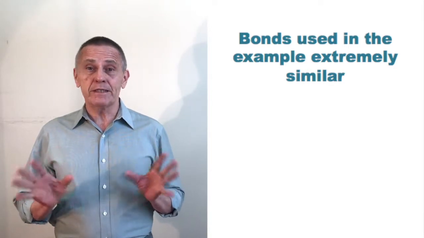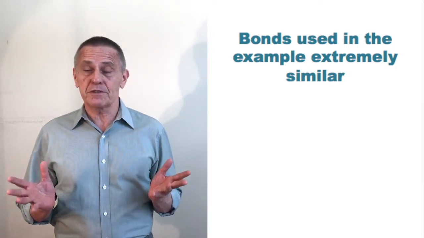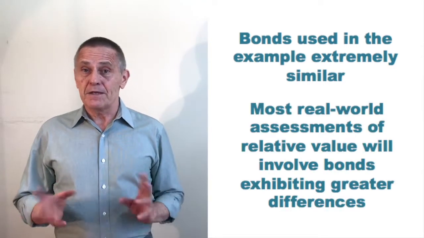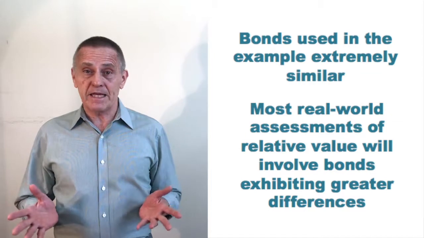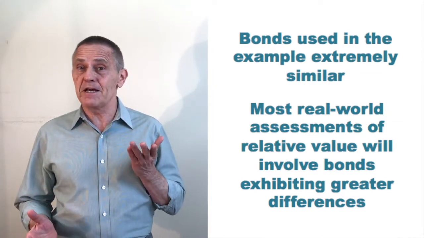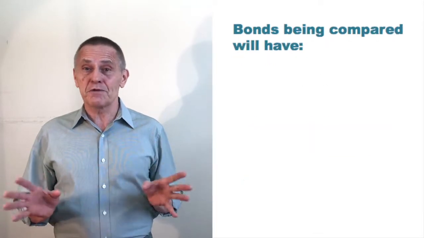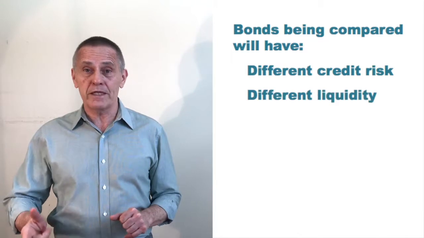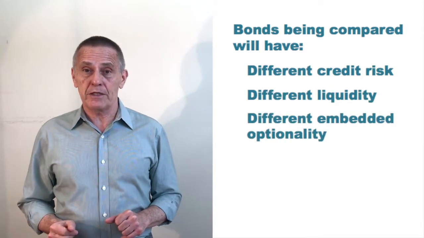And I didn't even bring into the discussion potential differences in liquidity risk. So in the vast majority of cases, the bonds, even if they had the same time to maturity, would likely differ at least slightly, if not in a very large way, in terms of those factors, like differences in credit risk, differences in liquidity, differences in embedded optionality.